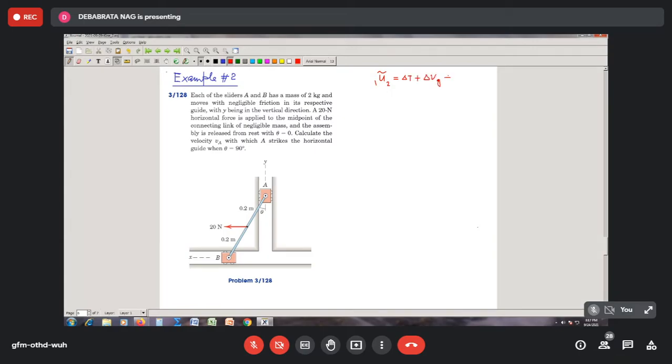Now this is true for a single particle, correct? Now when we have multiple particles, then this equation will get modified, in the sense that we have summation 1 U tilde 2.